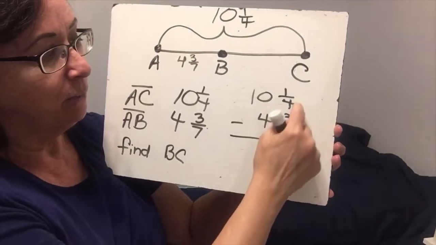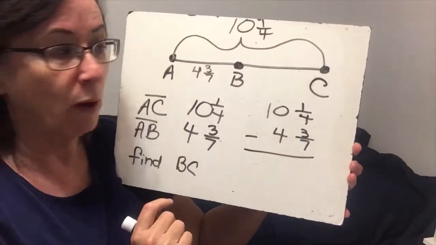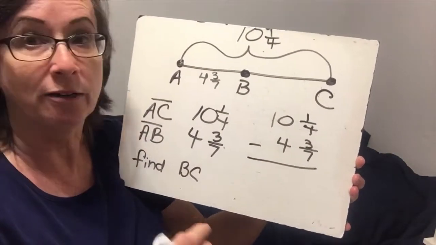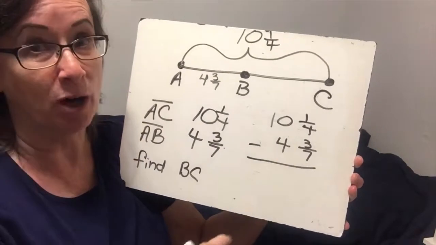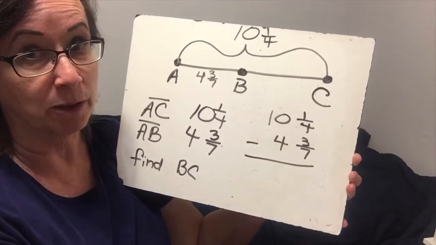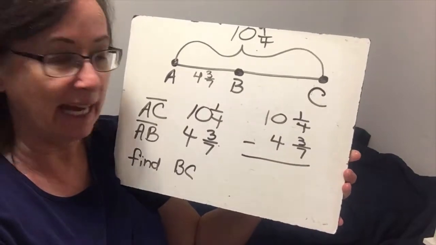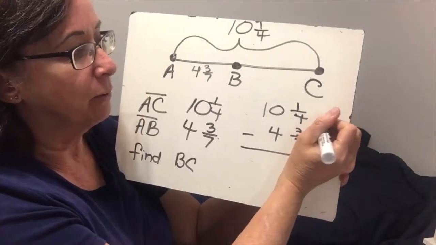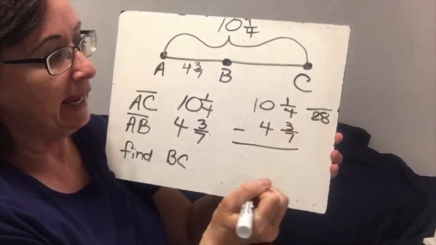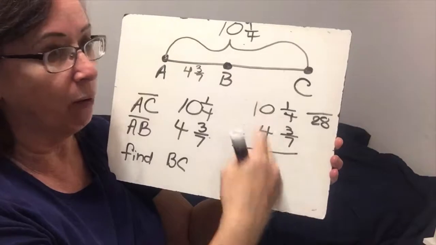So now we've got a 4 and a 7. What would be the least common denominator between a 4 and a 7? Well, 7 is prime, and 7 and 4, we're just going to have to multiply them together and get 28. So we're going to use 28 here. And what I'm going to do is not write the whole thing over again.